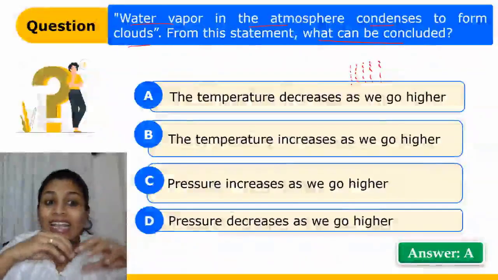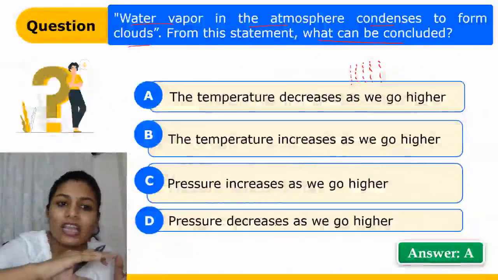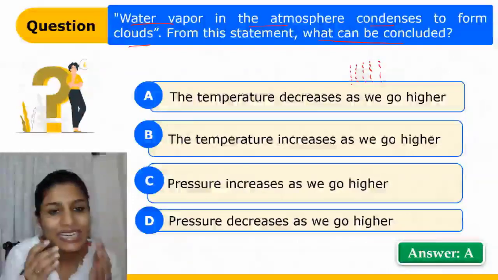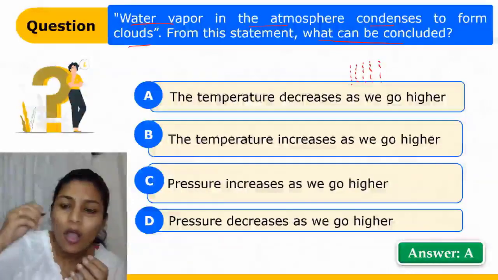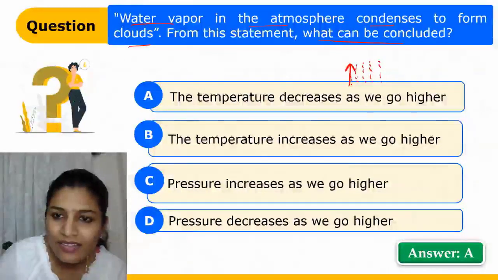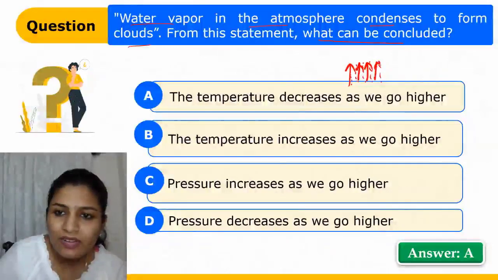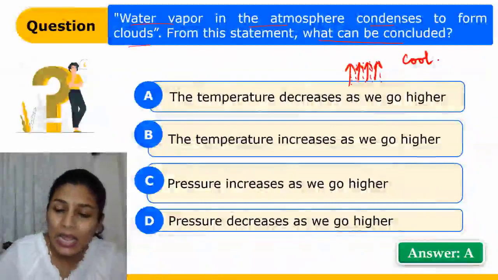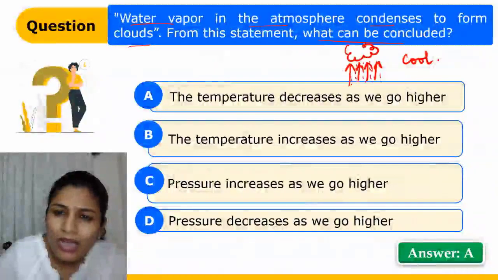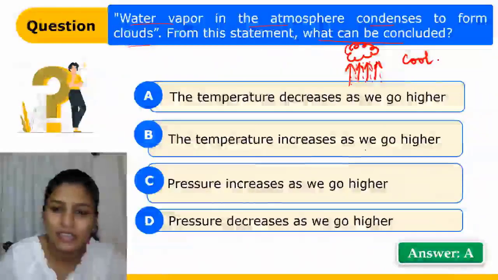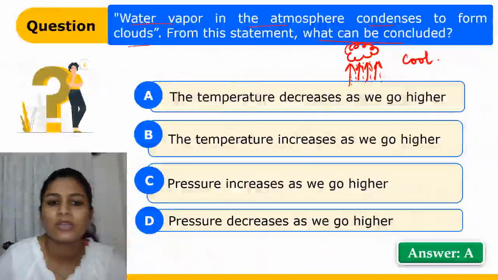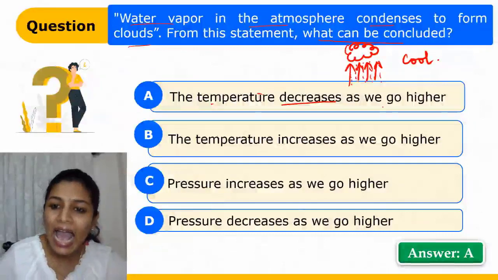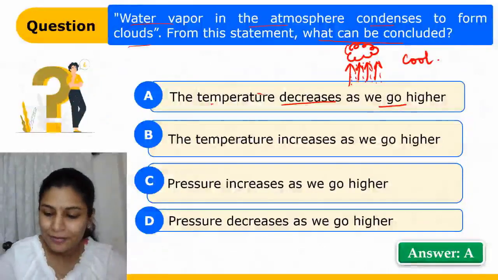Since the heating is less there, on rising up these water vapors are going to cool down because the temperature is decreasing, and when they cool down, they form clouds. So according to this situation, the first option, which says that the temperature decreases as we go higher, is correct.